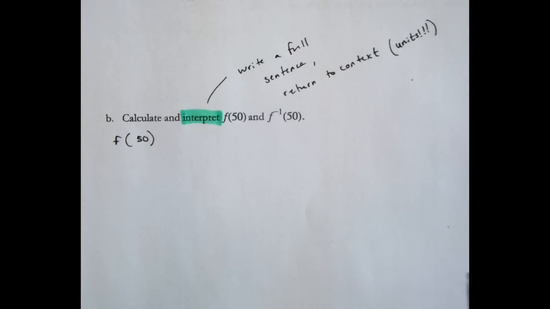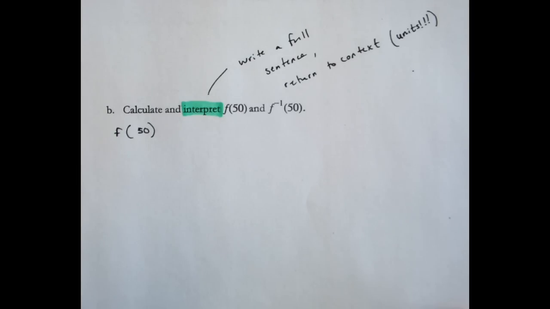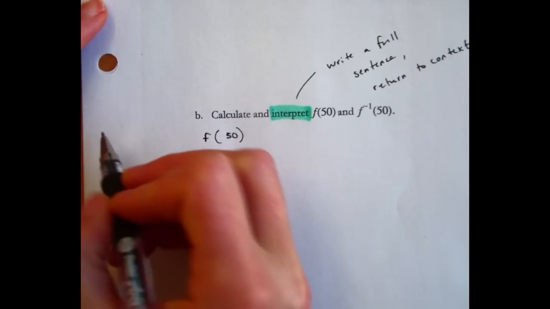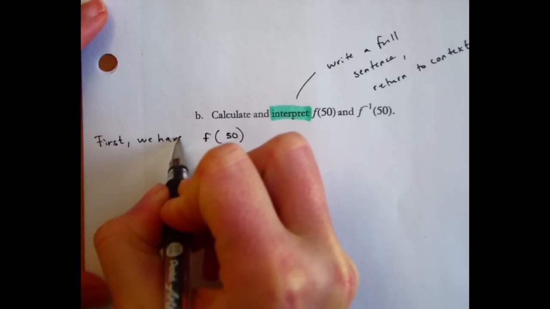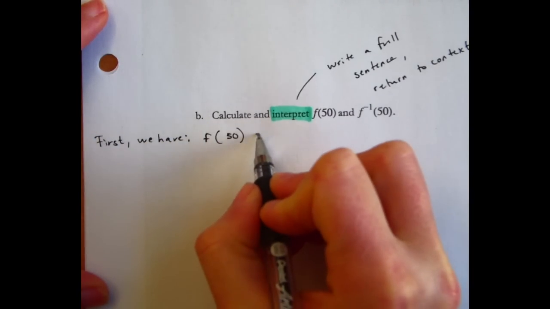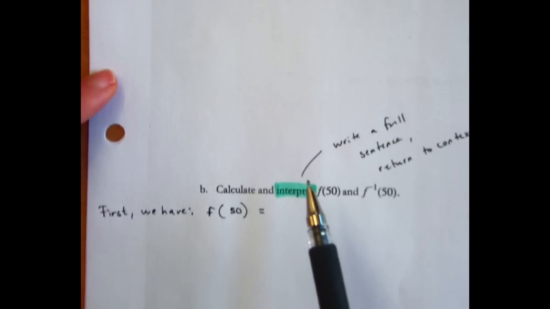I am going to have some sort of answer, and here's how I'm going to structure it. Let's start by saying, first, we have f of 50 equals, and to calculate f of 50, I'm going to use the equation I was given for f of x.